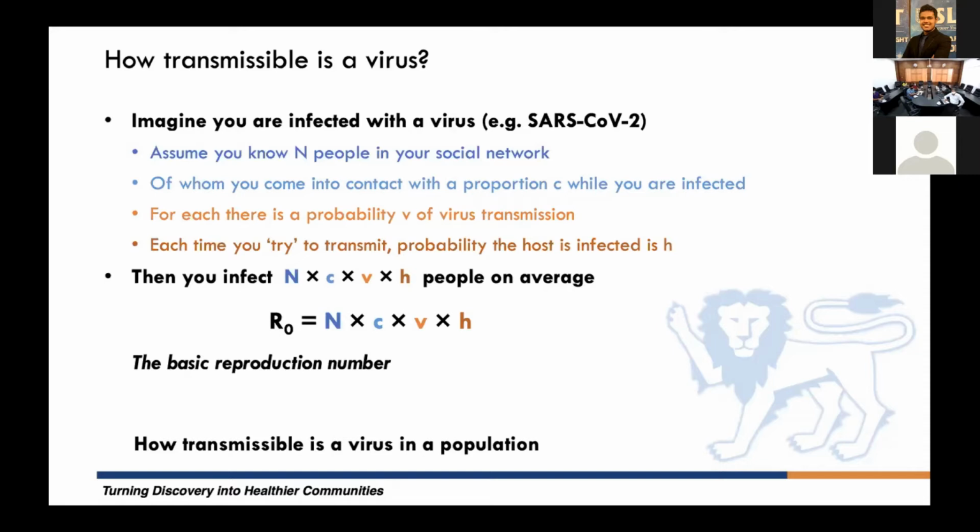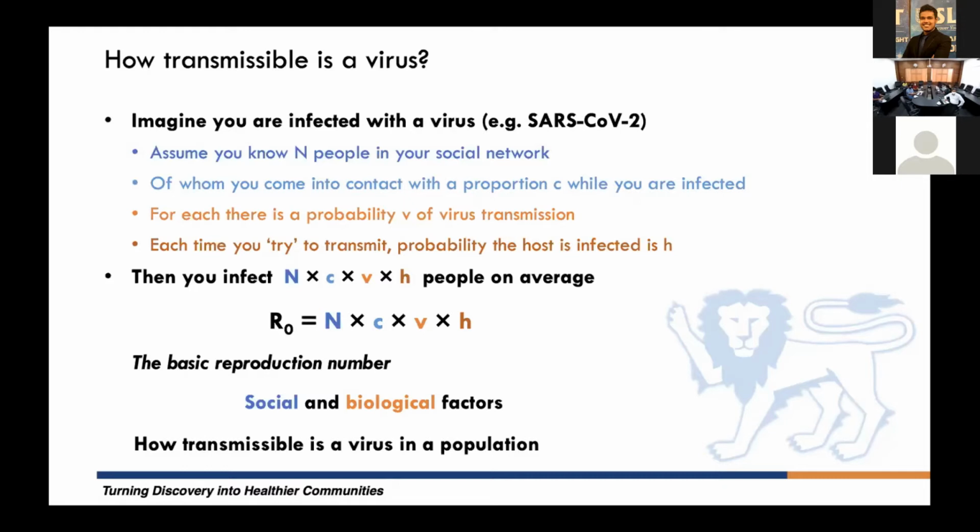I have colored the different letters because the reproduction number is a combination of both social and biological factors. You can control the ability of a person to infect someone else by giving antivirals, for example. That's a biological factor you're able to control.